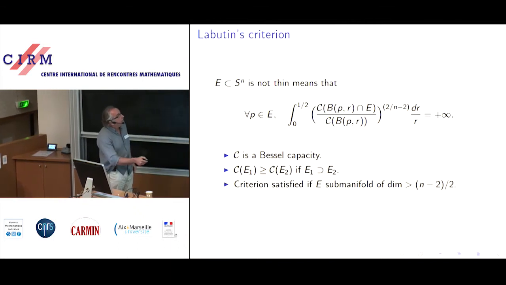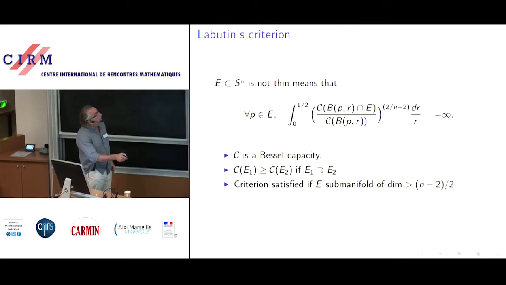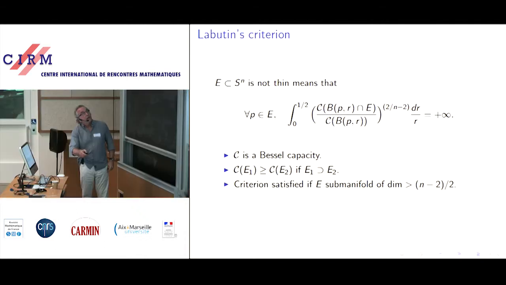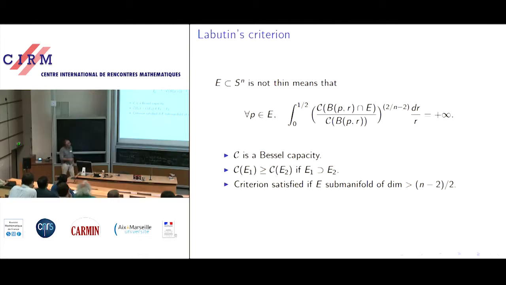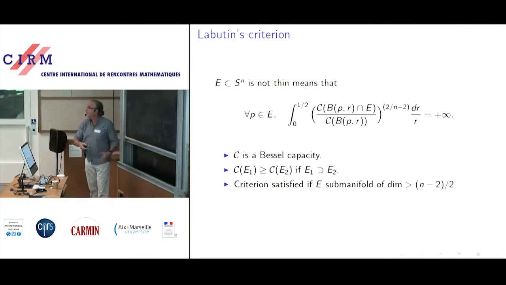It's related to the dimension of the submanifold. So the criterion is satisfied anytime the dimension of the submanifold is greater than this threshold, which appears everywhere in the story. So now, using these two, we can say that if the set E that we are working with is somehow foliated by manifolds of big dimension, bigger than this one, then if locally around any point you have such a manifold, because of this monotonicity, we can show that the criterion is satisfied.